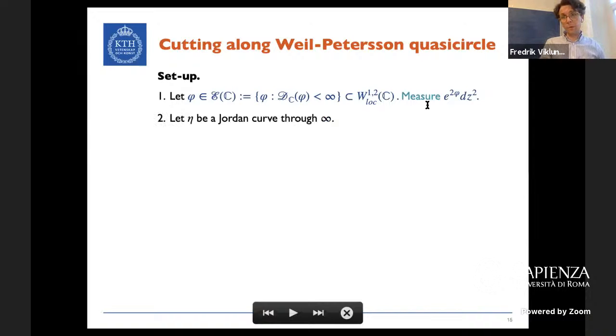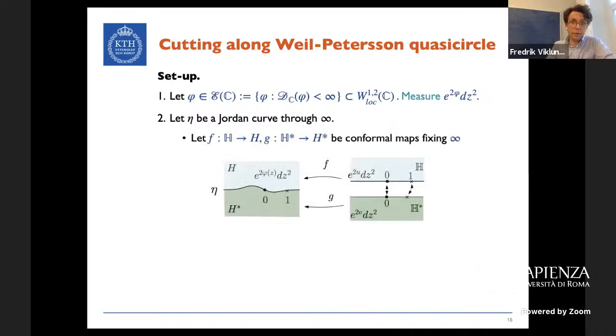And I let eta be a Jordan curve through infinity, in a similar way as a few slides ago. Then again I consider two conformal maps from the upper and lower half planes onto the two parts of the sphere determined by my curve eta, and let's assume that they both fix infinity.